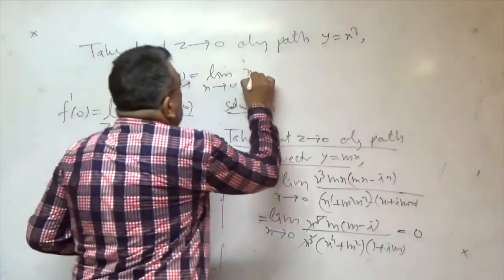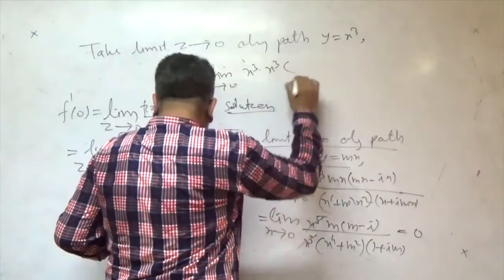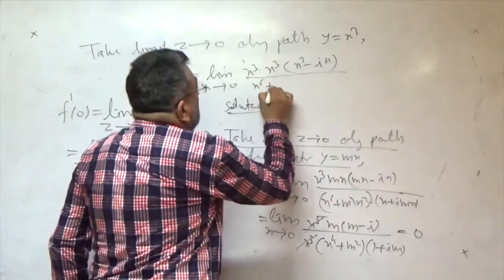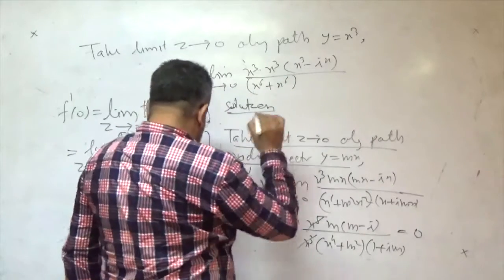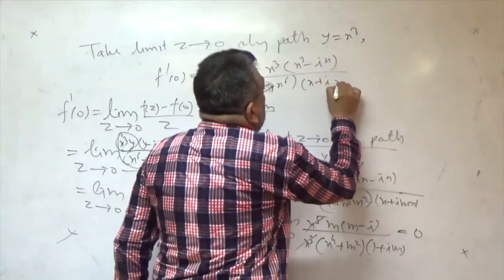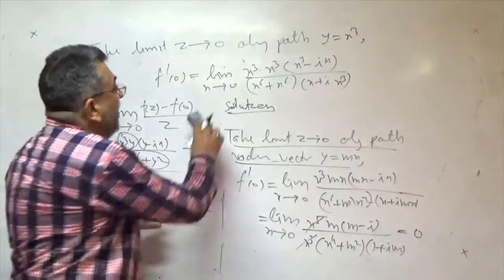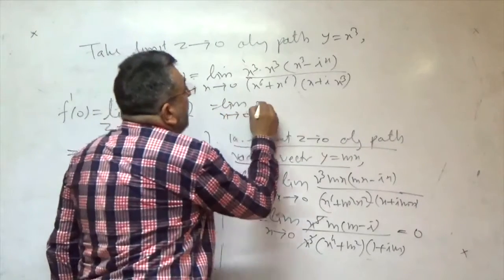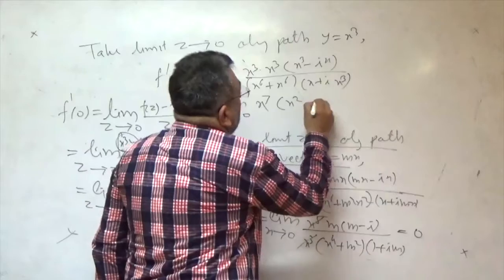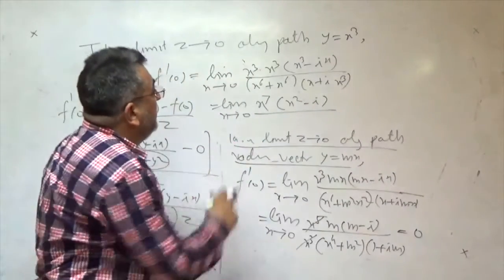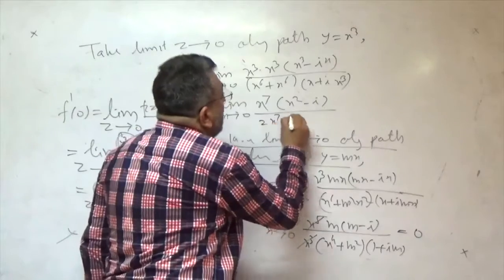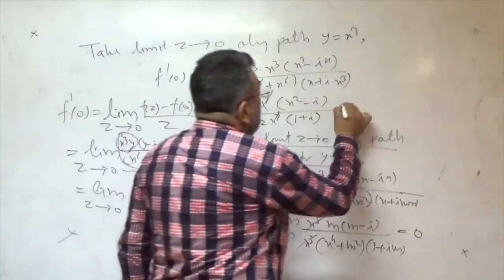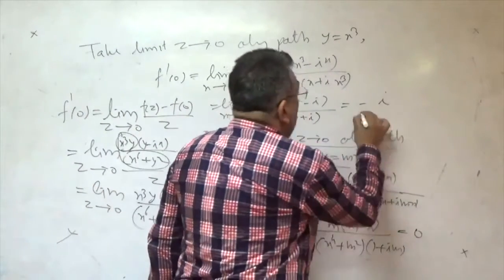Putting y as x cube, we get x to the power 6 minus ix upon x to the power 6 plus x to the power 6, and z means x plus i x cube. If you take common in the numerator x to the power 7, and here x square minus i, and in the denominator 2x to the power 7, that is 2x to the power 7 times 1 plus i, then x to the power 7 is cancelled out.